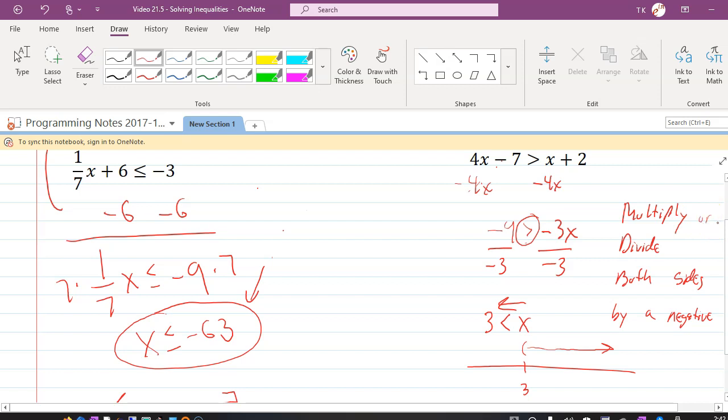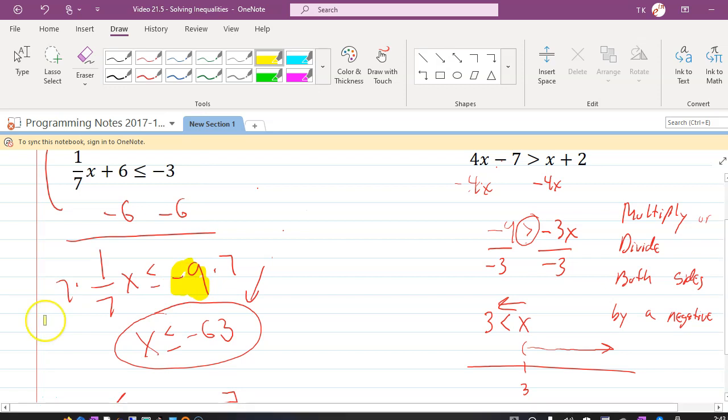It's what you are multiplying or dividing by, not the numbers that are in the equation. So in this first example, I had a -9 on this side, and that was fine.